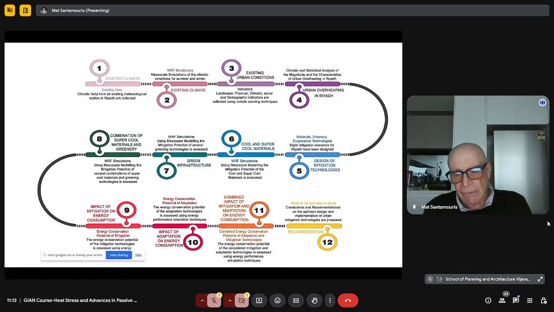Once we know the cooling potential for the city, it is very important to understand the impact of the different mitigation technologies at the city scale. The impact has to do with energy, and this is done. It has to do also with health.